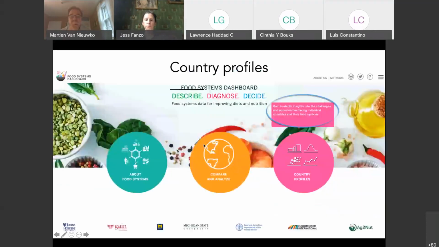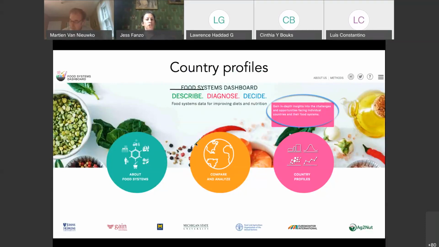Another way to go through the dashboard is through these country profiles. These country profiles take those 170 indicators. What we've done is we've curated a set of those 170 indicators, about 30 indicators.